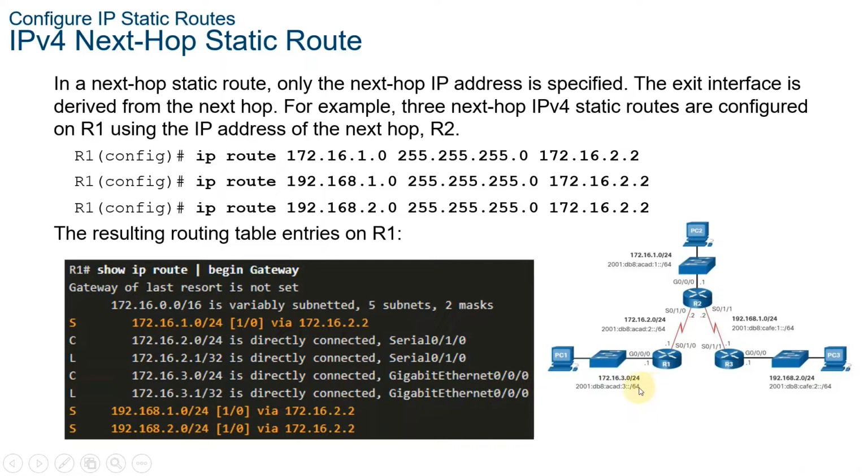From here, the directly connected networks from R1 would be the 172.16.3.0 and 172.16.2.0. Identifying the directly connected networks will leave 172.16.1.0, 192.168.1.0, and 192.168.2.0 as the remote networks.